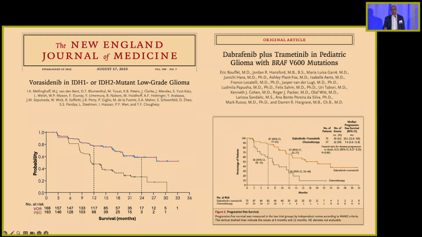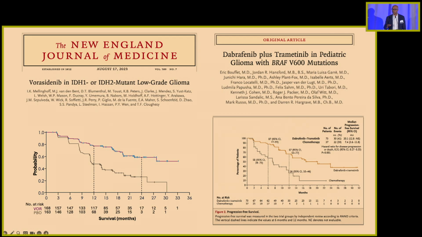This one may not be as well known to you if you're not in the pediatric world, but this was a trial run by Eric Bouffet at SickKids and St. Jude's. Pediatric patients, MAP kinase activated low-grade glioma. These are patients who were treated at recurrence and randomized either to dual BRAF inhibitor therapy or standard chemoradiation.